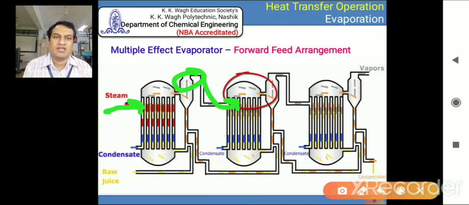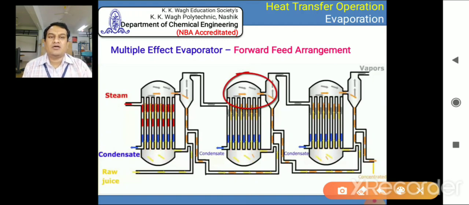Please note that it is as a heating media, and the vapors generated in the second effect go to the third evaporator as a heating media again. It means we are feeding the steam only once in the first effect, and the direction is from left to right in this diagram.